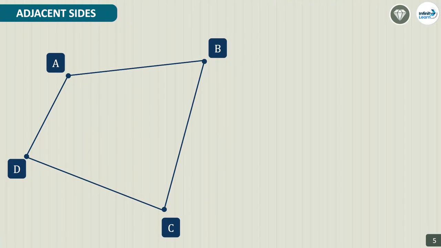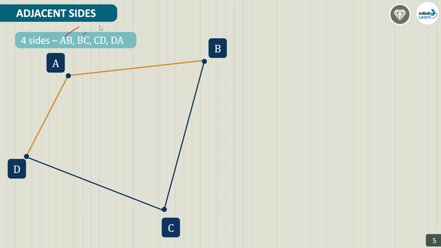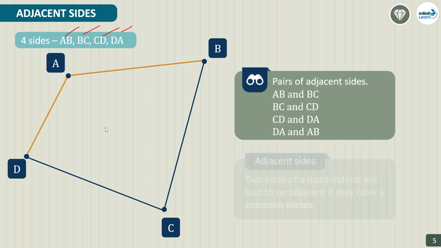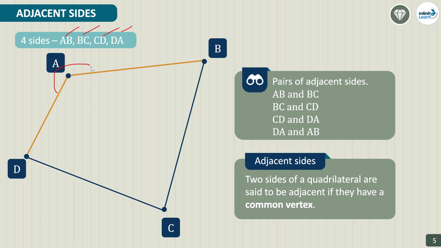Now, what are the adjacent sides? Four sides are there: AB, BC, CD, and DA. Adjacent sides: AB is adjacent to BC, BC is adjacent to AB or CD. Means one side is adjacent to two sides. So two sides of a quadrilateral are said to be adjacent if they are having a common vertex.